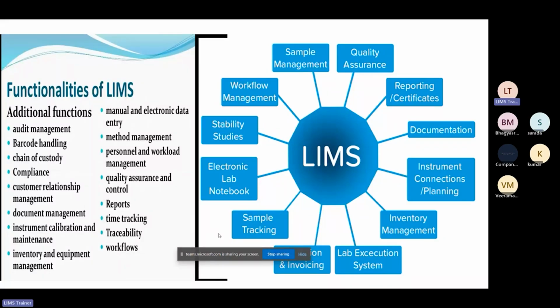Then the inventory and equipment management. All the inventory entries done into the LIMS software will give a particular log of that inventory, how much investment is there in, say, chemicals or equipment or maintenance. Then the electronic data entries.